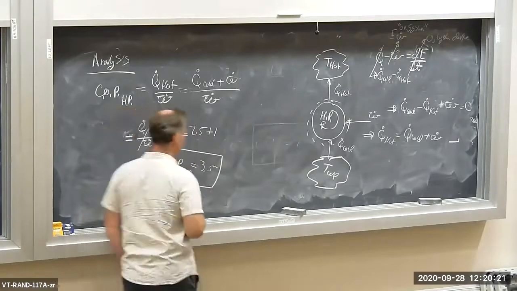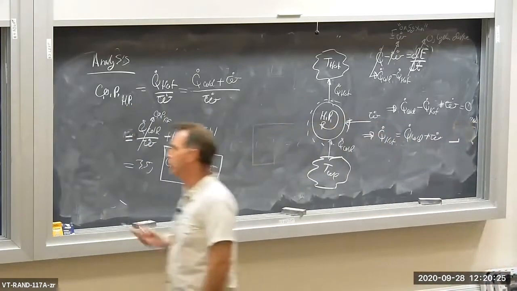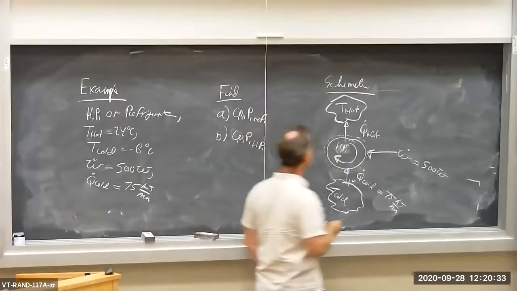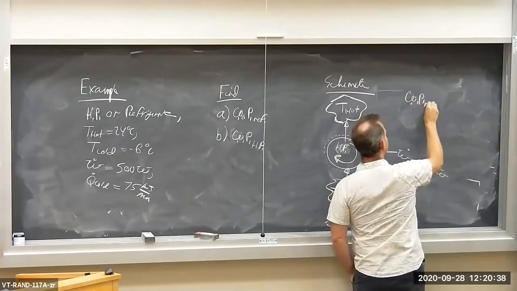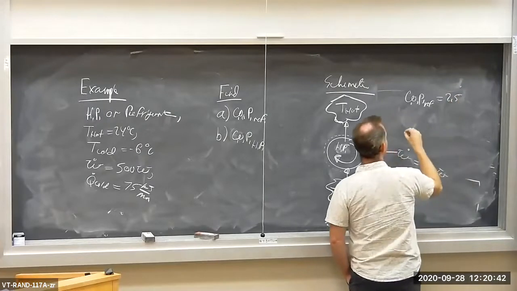Okay? So if you call this thing a refrigerator, then the coefficient of performance is 2.5.